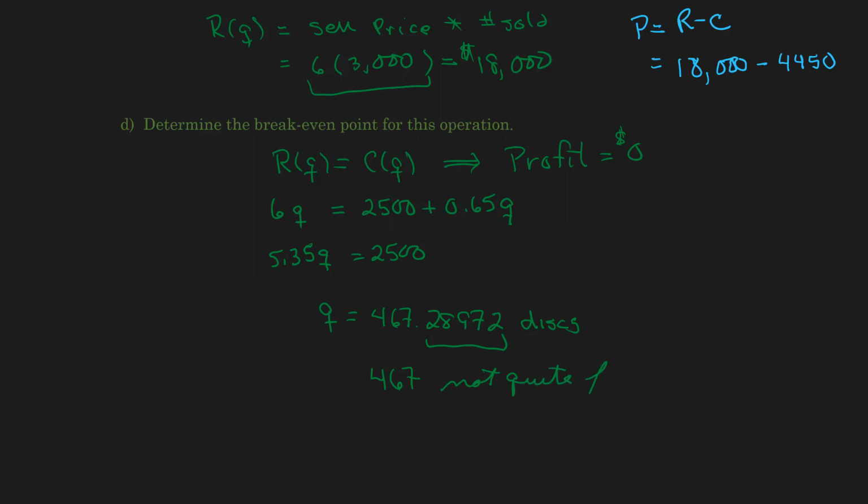So even though the rounding would suggest to go to 467 because the decimal, the 0.28972, would round down, even though it would round down if we were just doing mathematics, in the real world, if you make this many of them, you're still losing money. Okay, so what you need to have as your break-even point is 468 discs.